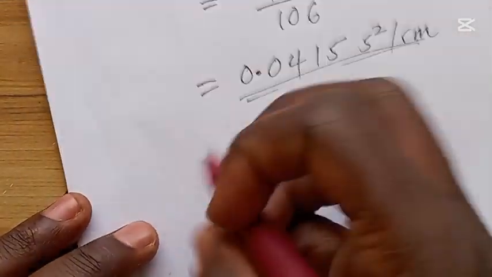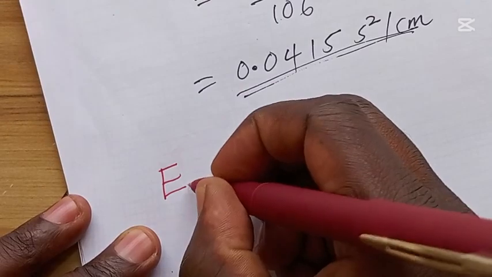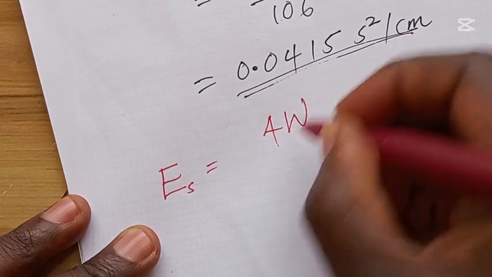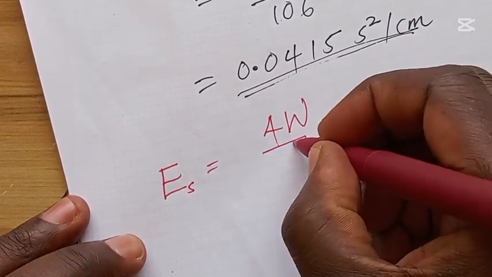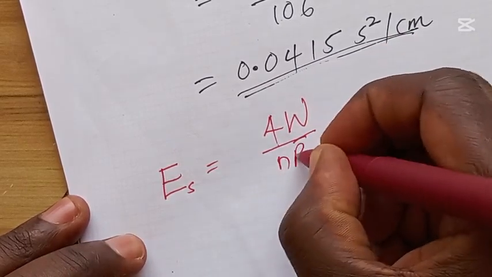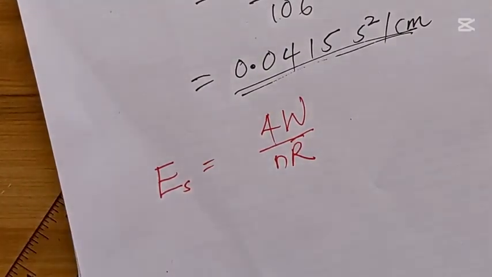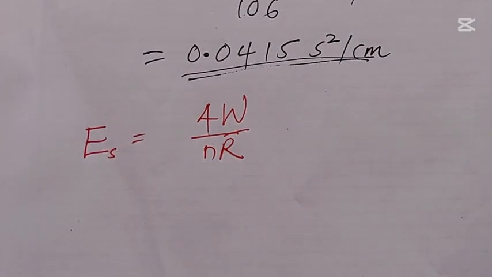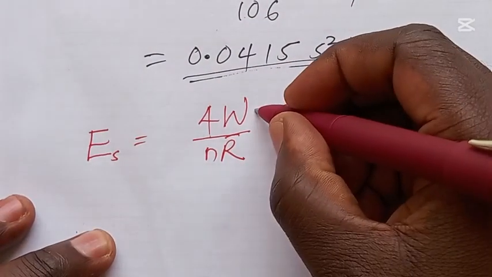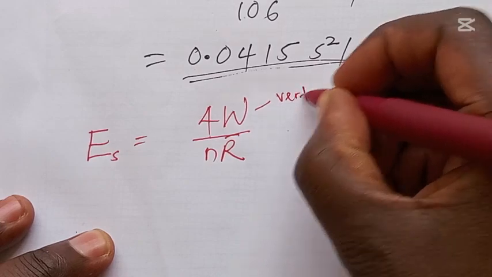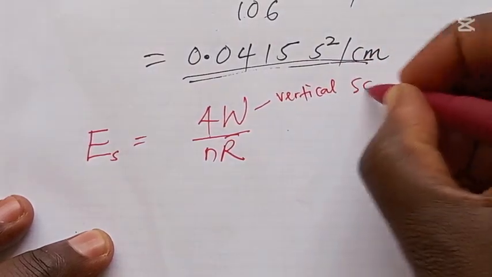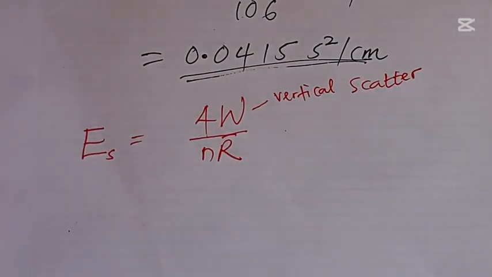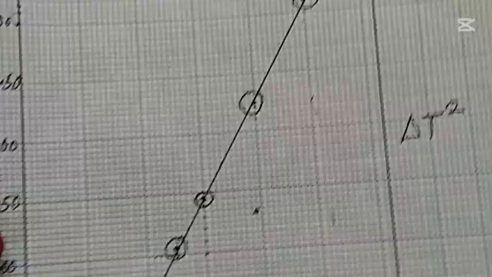The formula says area in slope equals 4W divided by NR. This is the formula for calculating the area in slope. This W is called vertical scatter. Now let me show you that on the graph here.